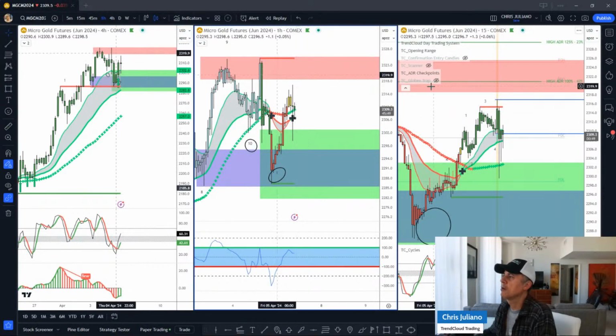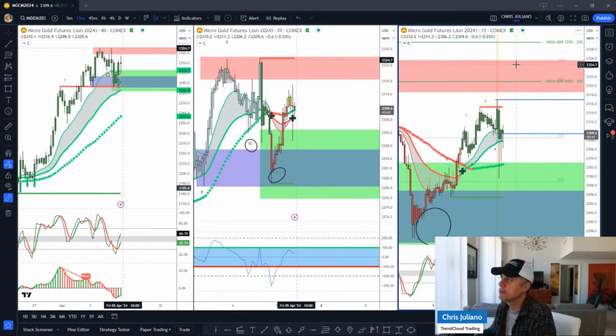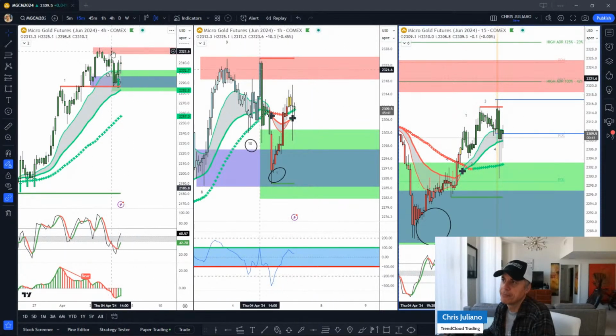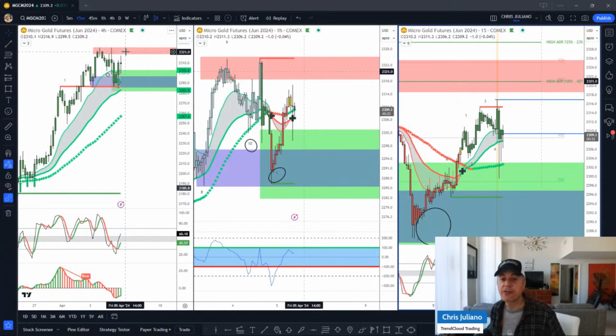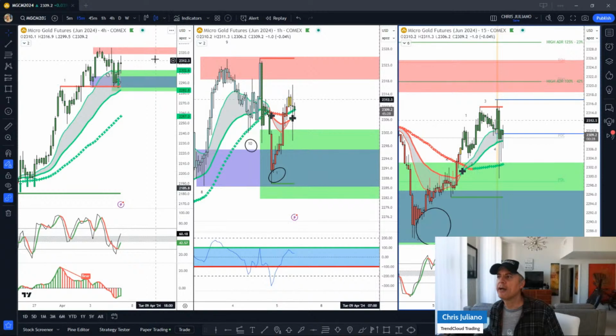All right, so the market is going to have to make a decision up here on the highest time frame, right? The market is going to have to make some kind of a decision to either break through this and go higher, or go sideways and bounce between these two levels, right?